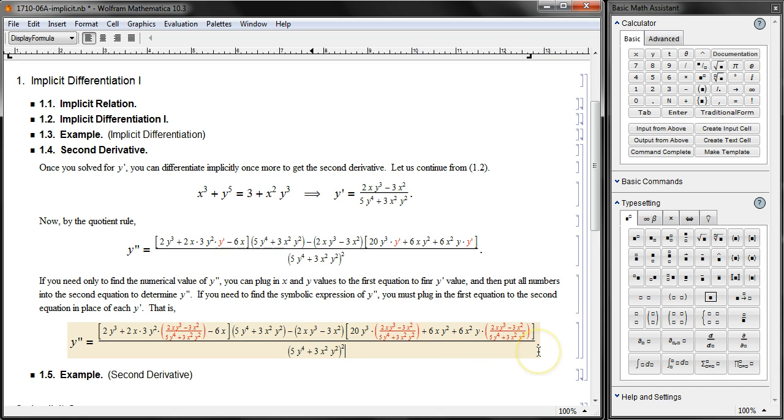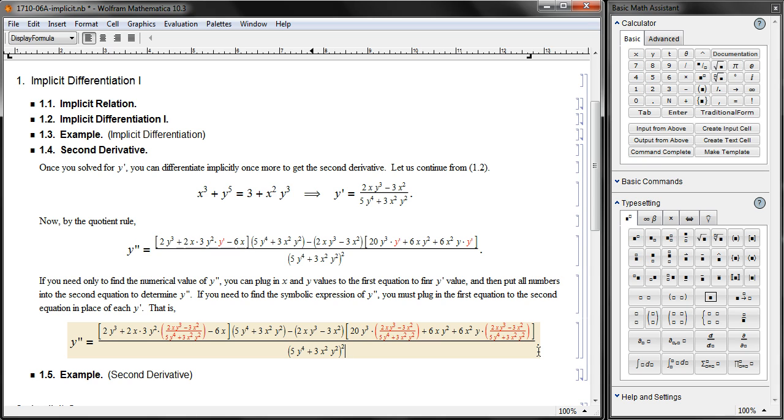Wow. And if you want to find the value, all you have to do is substitute appropriate x and y values into this expression, and you're going to get the second derivative y double prime. But then again, oh my, is this really feasible? Well, if your problem explicitly asks you to find y double prime, the second derivative, symbolically, and then find its numerical value for given x and y values, you have no other choice.